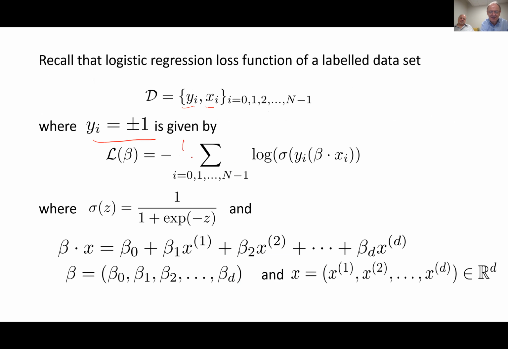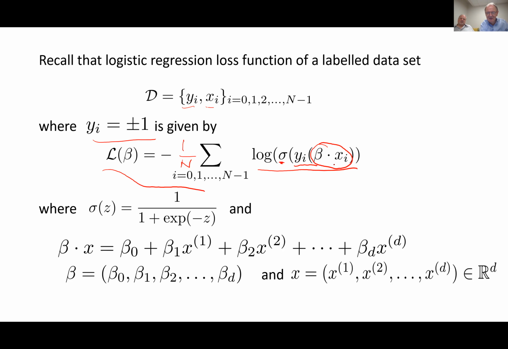There's a missing 1 over n here. The loss function is given by this somewhat strange expression. We had this logistic function that you remember as 1 over 1 plus exp of minus z, and we evaluate this logistic function on the dot product beta dot xi.